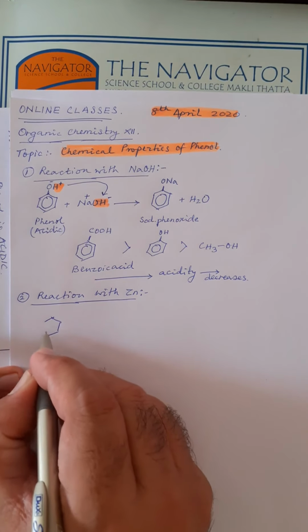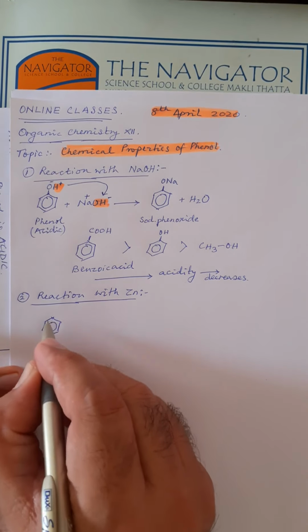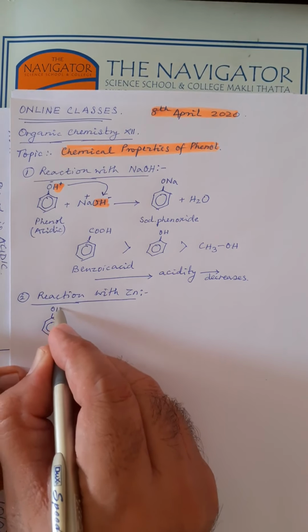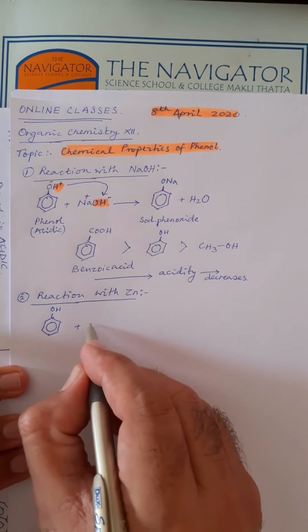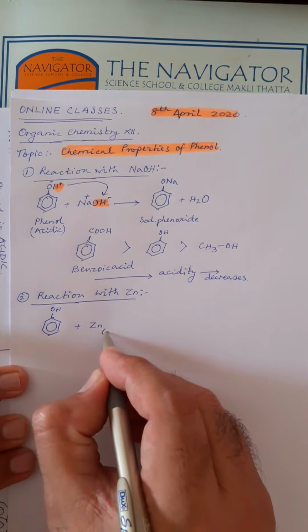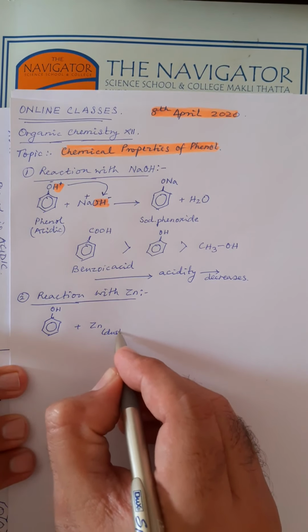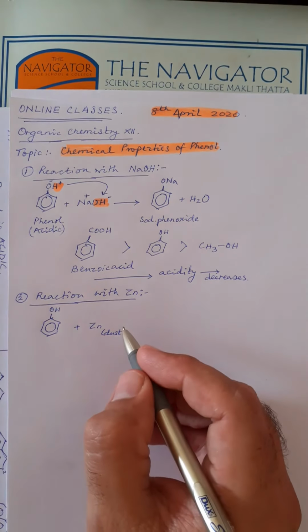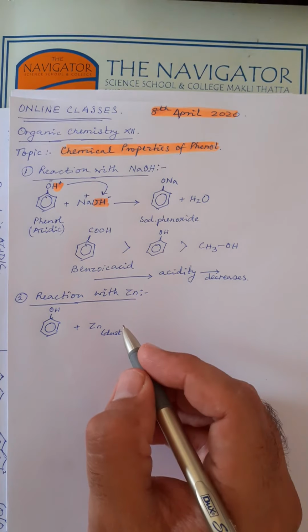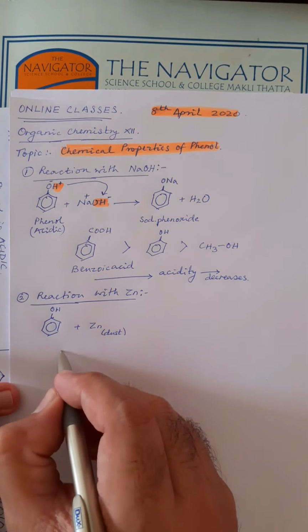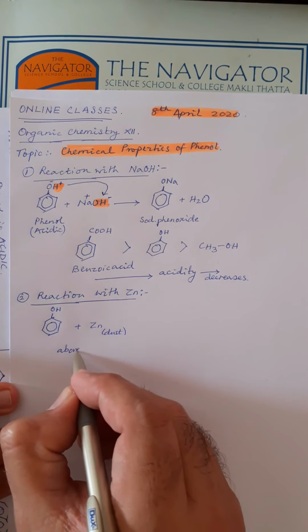But once again, phenol is also a solid. So to increase the surface area, we can vaporize phenol. I mean, heat above 43 degrees C, if you remember, which is basically its melting point.